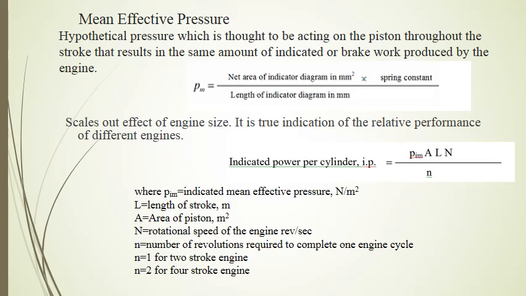Thus, one can see that for a given engine, the power output can be measured in terms of mean effective pressure. If the mean effective pressure is based on the brake power, it is called brake mean effective pressure, and if it is based on indicated power, it is known as indicated mean effective pressure.